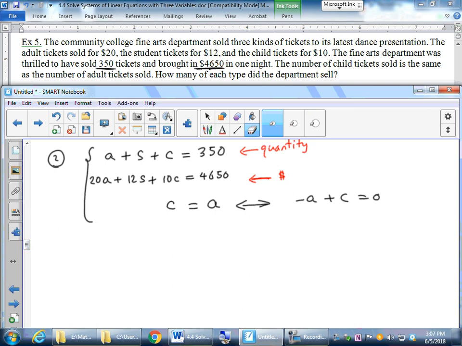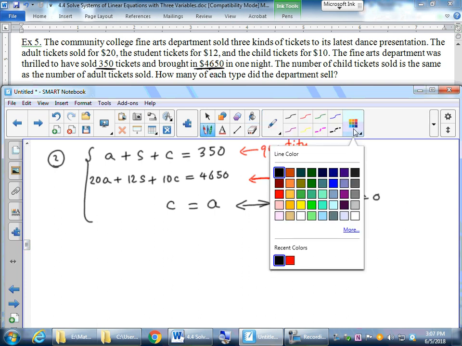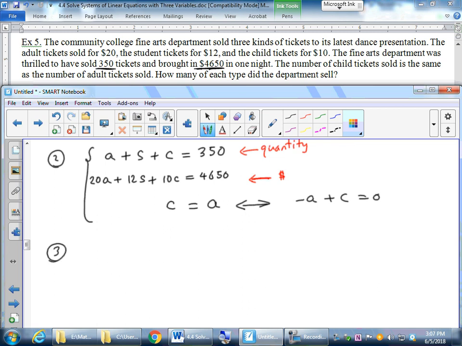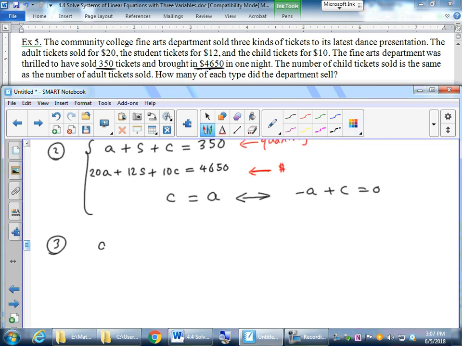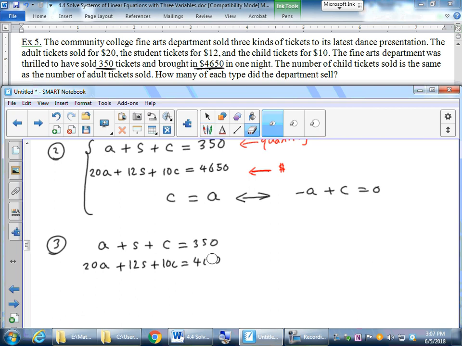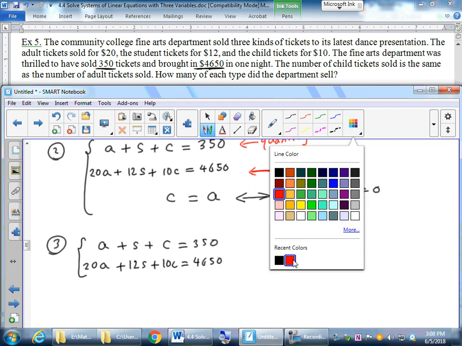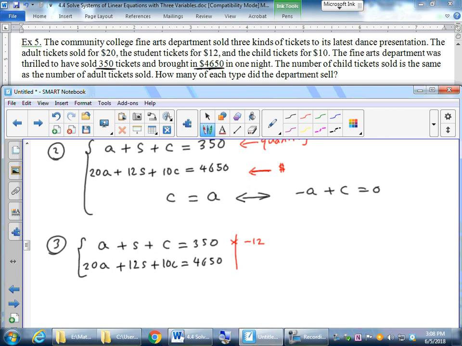So the plan is ready, so let's start solving. Equation 1, equation 2, and we're going to eliminate the variable S. So I need to multiply the first one by negative 12.